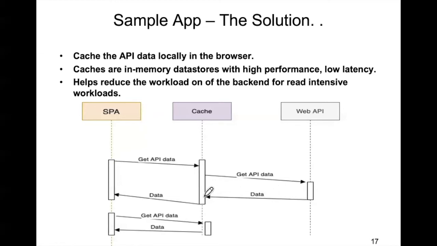The cache will store the data locally and then pass it on to the single page app. Later on during the same session, if our single page app now asks the caching technology for the same piece of data, then it'll check to see does it have it. It has it. So now it'll actually give it straight back to the single page app. So it's as simple as that, really.